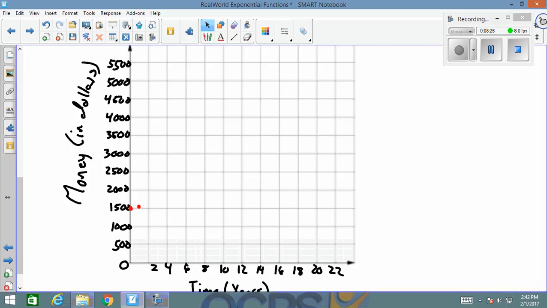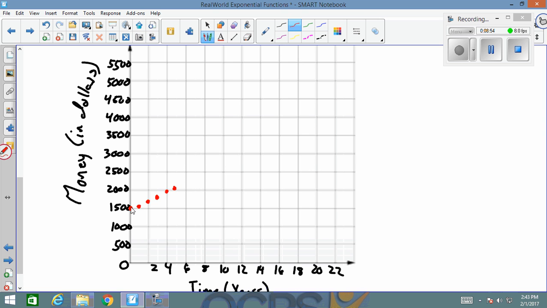Something like right there. That's 2, 1,692, so just a little bit higher. 3, 1,797, so it's going to get even a little bit higher. 4, 1,908, almost right on 2,000. 5, 2,026, again almost right on it.